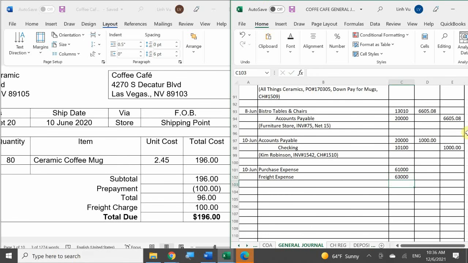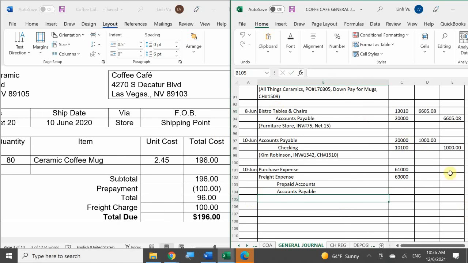And just like what Maggie said, we have to credit a prepaid account, and we have accounts payable since we're not going to pay it yet.